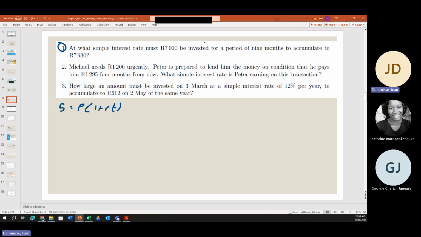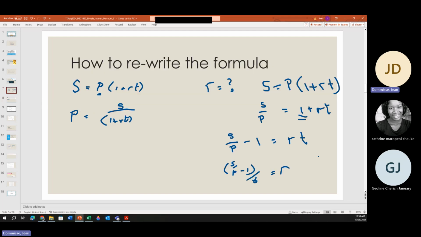They say at what simple interest rate, so we need to get to the R. We need to work out the interest rate. Because we can't use our calculators for this, as the calculator only works with compound interest, we need to rewrite it in this formula.